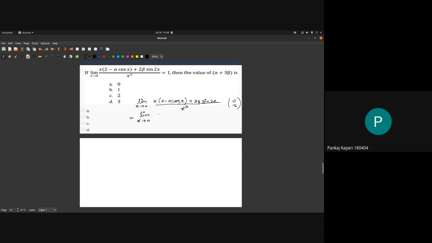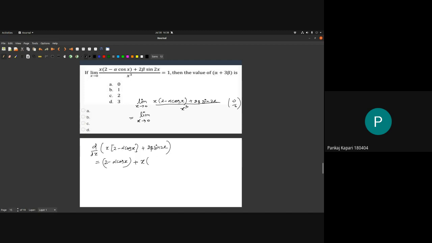So what is the derivative of the numerator? Again, you can apply the product rule. Let me write the derivative of x(2 - alpha cos x) plus 2 beta sin 2x. Applying the product rule, the derivative of x is 1, so you'll get (2 - alpha cos x), plus x times the derivative of the second function.